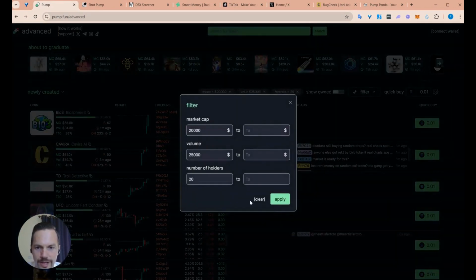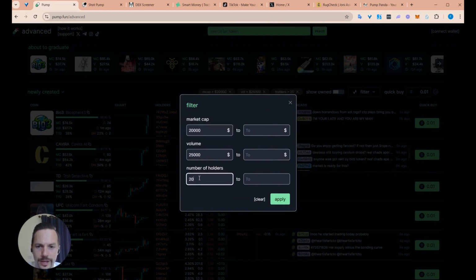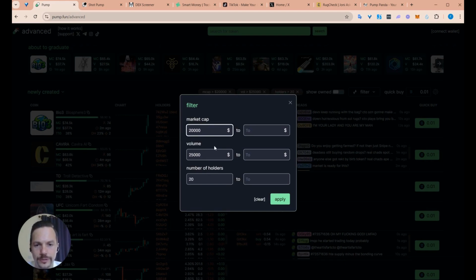For example, I would like a market capitalization of at least $20,000. That means there are already a few investors. I also said I want at least 20 investors. The coins, when they launch new on Pump.fun, always have around 6,000 market cap, so if I say 20,000, then the price has definitely gone up a bit. There's definitely some interest.